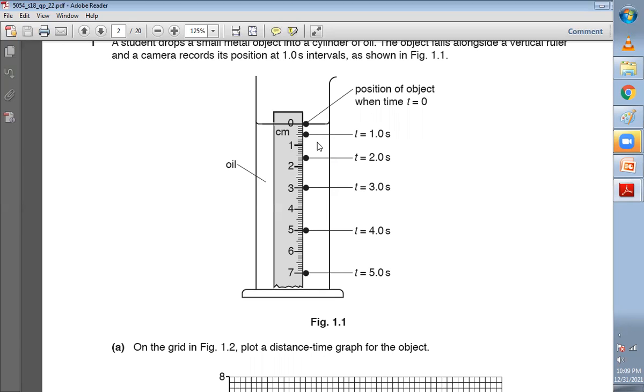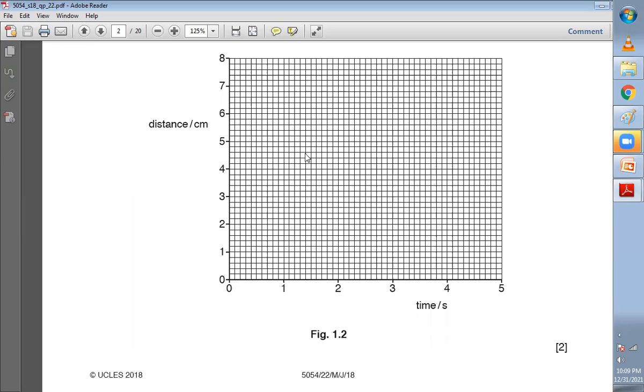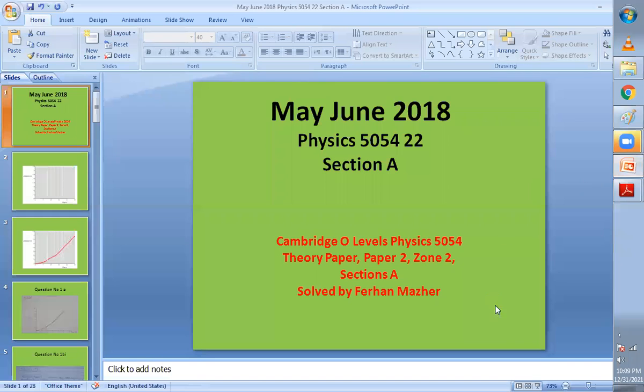So these will act like coordinates, x coordinate and y coordinate. The distance will be the y coordinate. I will plot these points on this graph paper. It's a distance time graph. It's a 2-mark question. Let me show you.